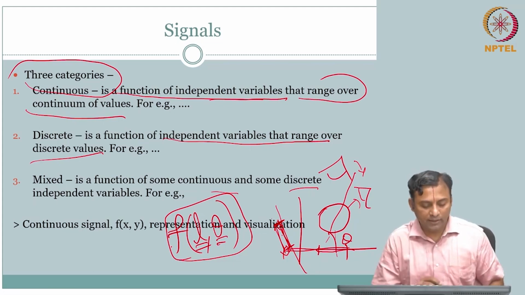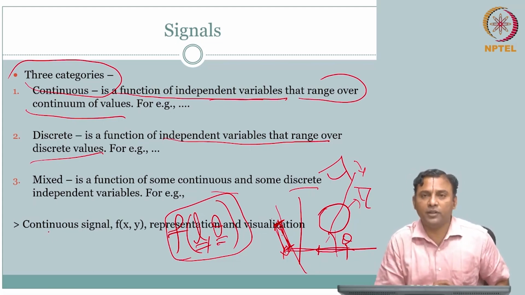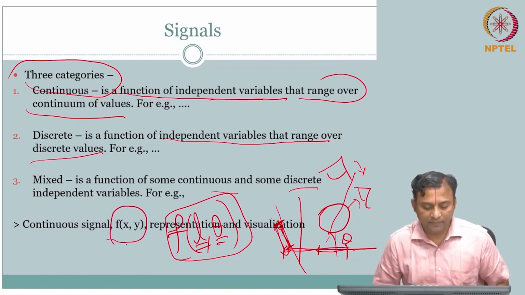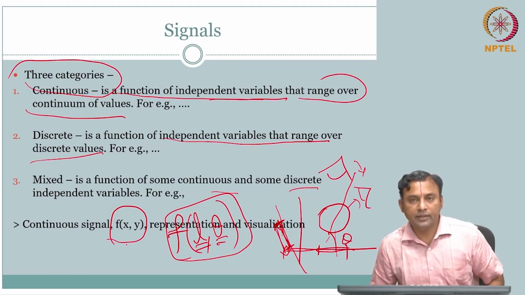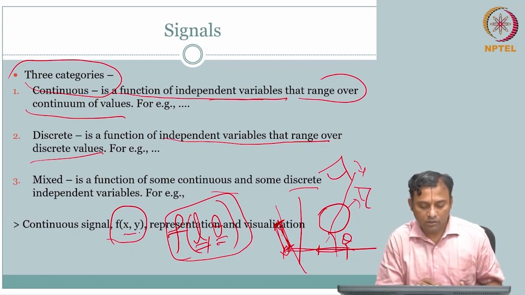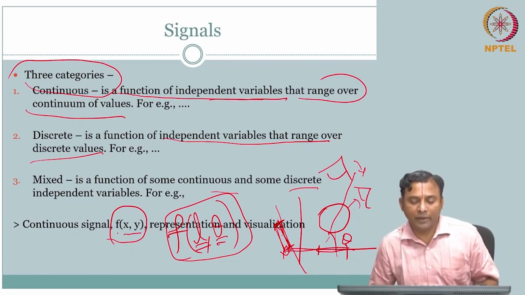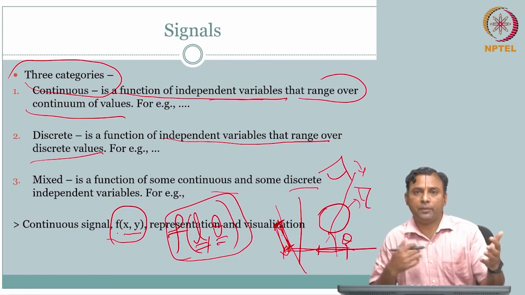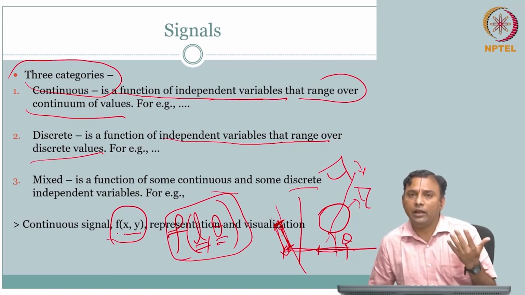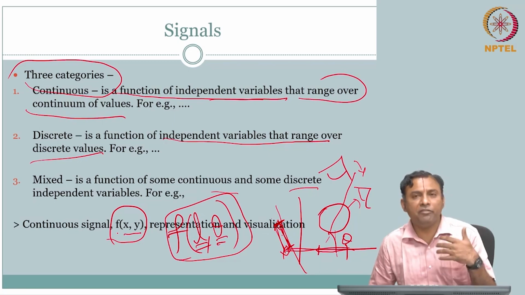What we want to do is, having talked about signals and having talked about f of x, y, we are just going to call it f of x comma y, a function that has two independent variables. X and y represent the two spatial directions. So now the question is, if I have this, how do I represent it? How do I visualize this?